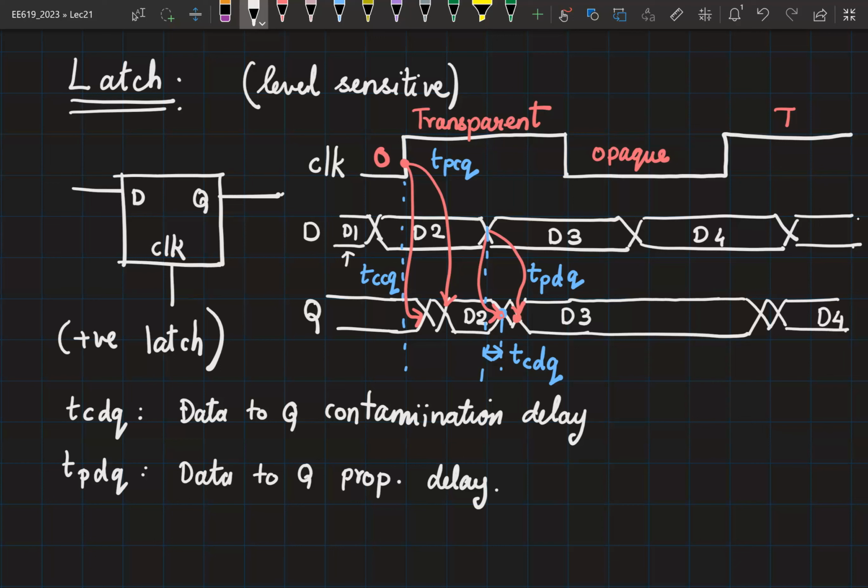When the data is going to change. Okay. So basically for a positive latch, you are saying that it should be defined with respect to the rising edge of the clock.